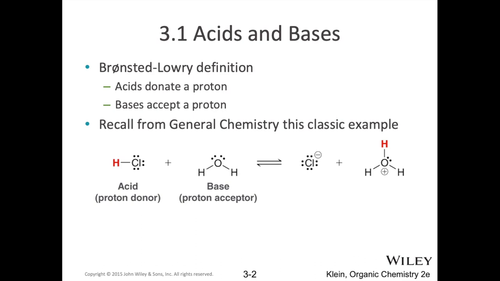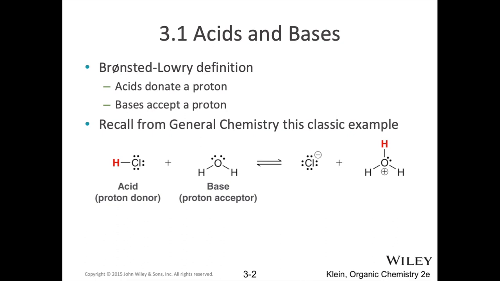Okay, so that's why an H plus ion is often called a proton. Now, protons themselves aren't particularly stable. So in aqueous solution, they tend to clip onto water molecules to form a hydronium ion, as you can see over here.